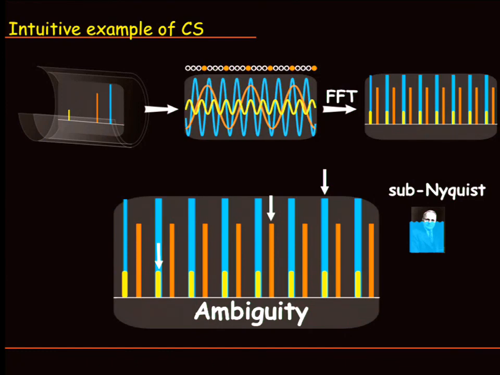Each one of these replicas is equally likely to be a solution. Let's say I know that it's 3 sparse. Which one? And in the case where there is overlapping, then there's really an ambiguity. So there's inherent ambiguity in the reconstruction. I can't recover those. So that's a problem.